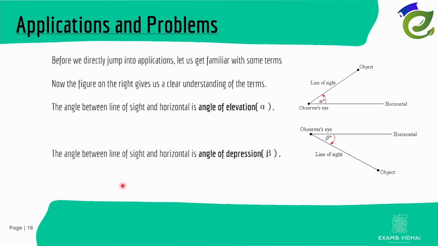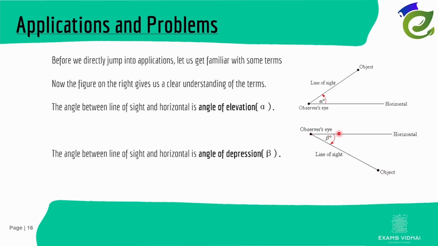Now the angle between the line of sight and horizontal, when the object is below, is called angle of depression. Let us say there is water over here, and you see the reflection of a bird or an aeroplane in this water. So now the object is below your eye level.